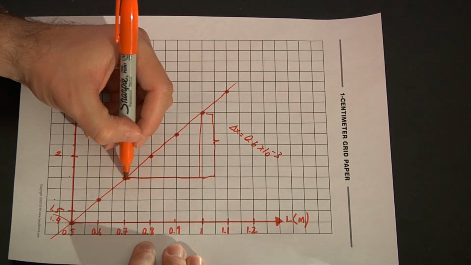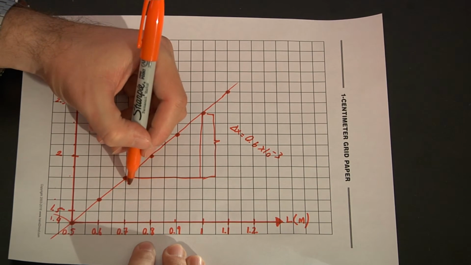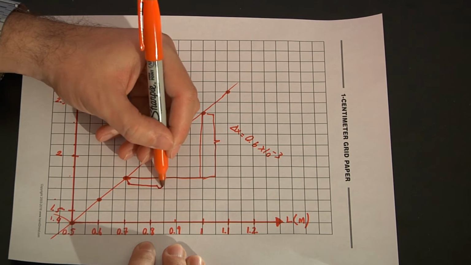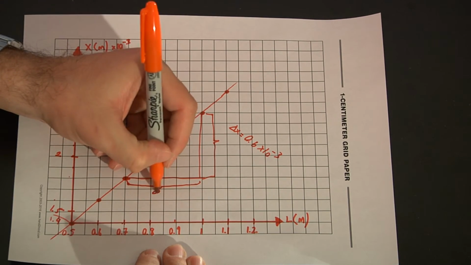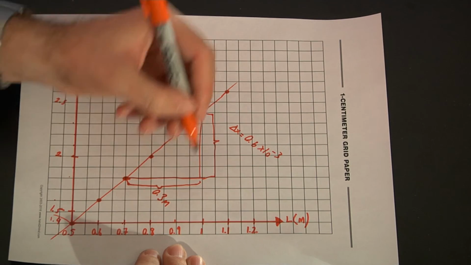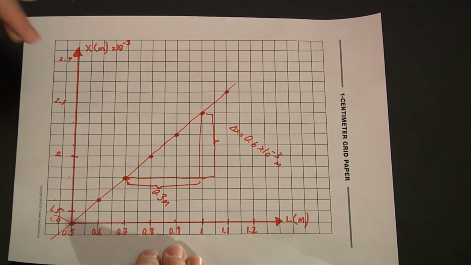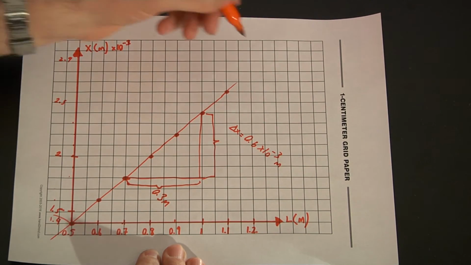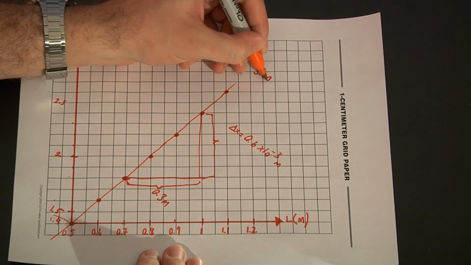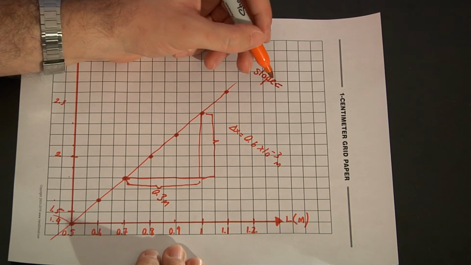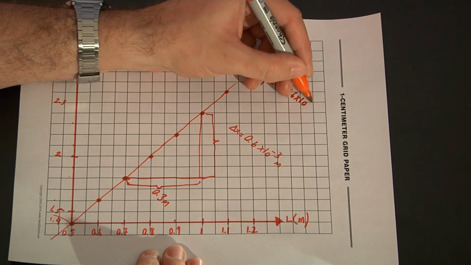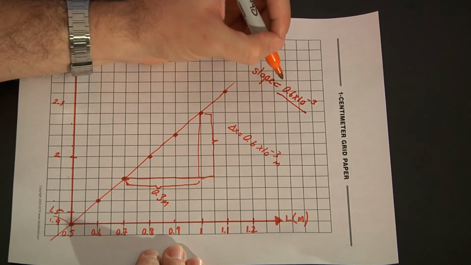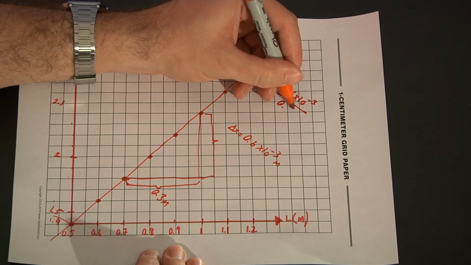And my delta y is 0.3 meters, and that's also in meters. And our slope is basically rise over run, so 0.6 times 10 to the negative 3 divided by 0.3.